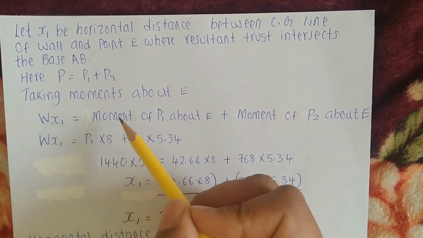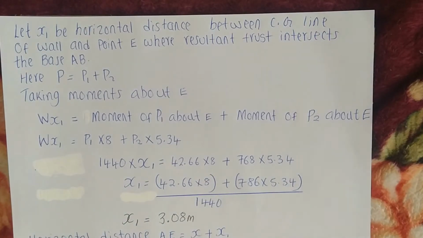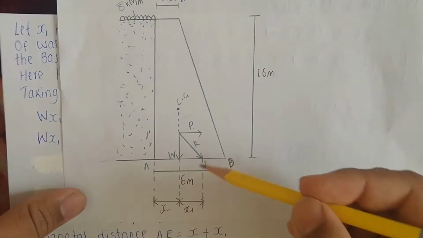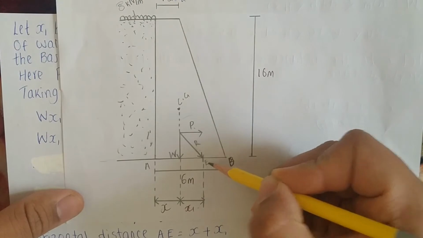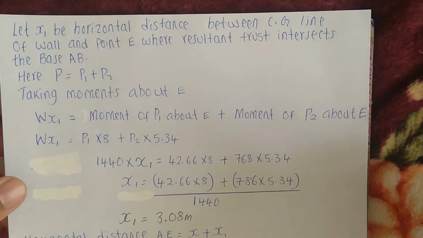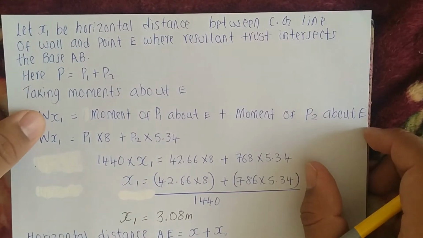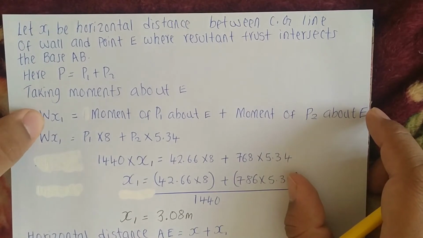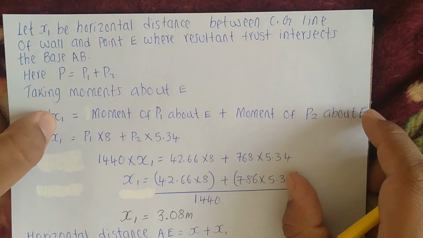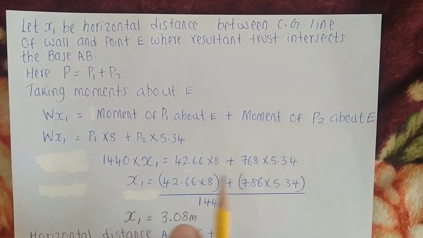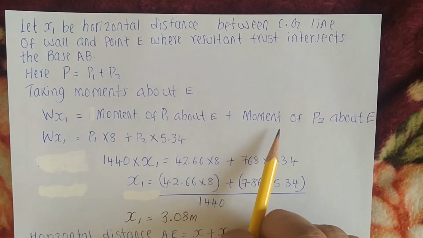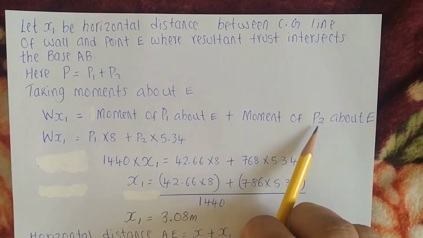And then when we take moments about E, W, this is the weight of the masonry wall, multiplied by x1 will be equal to the moment of P1 about E plus the moment of P2 about E.